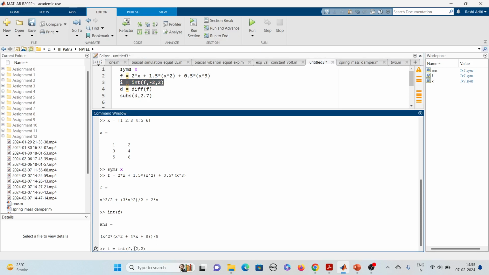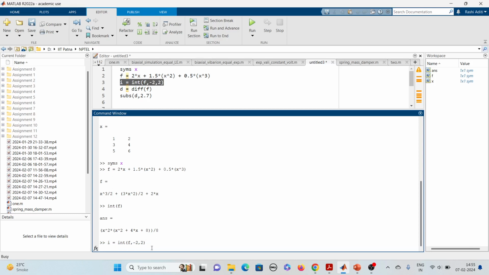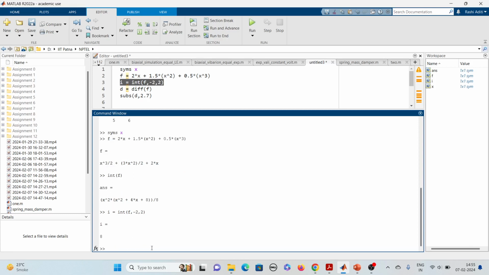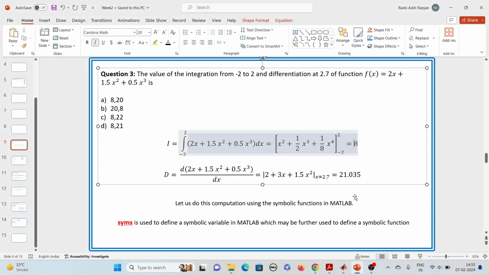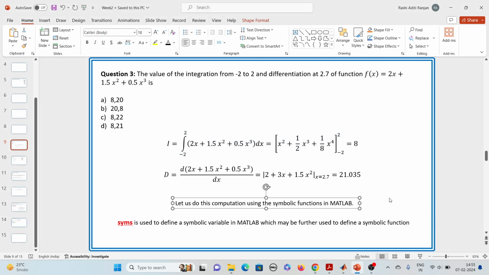Then we write int in small brackets. We write f, comma, -2, which is the lower limit, and 2, which is the upper limit of integration. Then I press enter. And here I get the value I as 8. Correct. Which is the same as the value which I got by the computation that I did myself also.